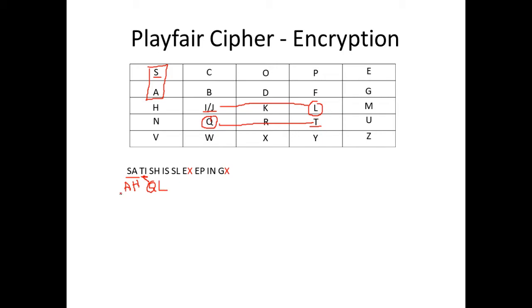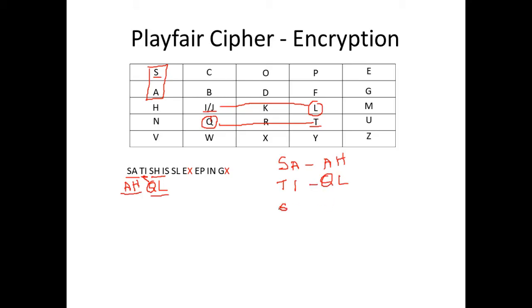So we know what we have to do when the characters are in the same column, and we know what to do when the characters are in different rows and different columns. Now let us take SH. Let me write it for clarity here. SA, we have encrypted as AH, and TI, we have encrypted as QL.